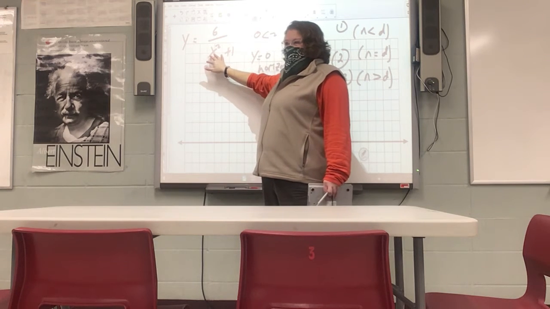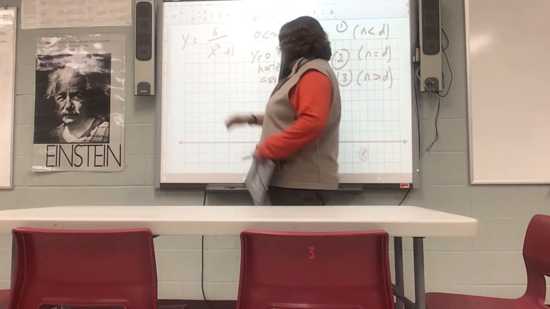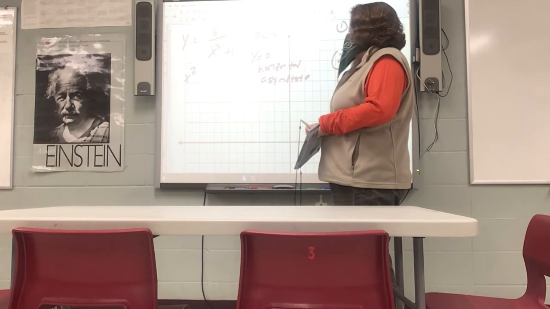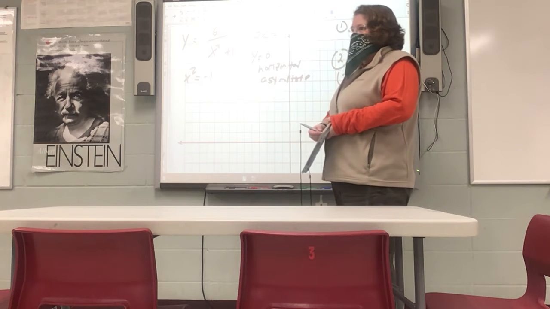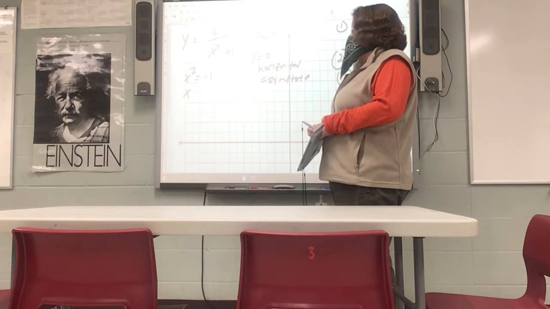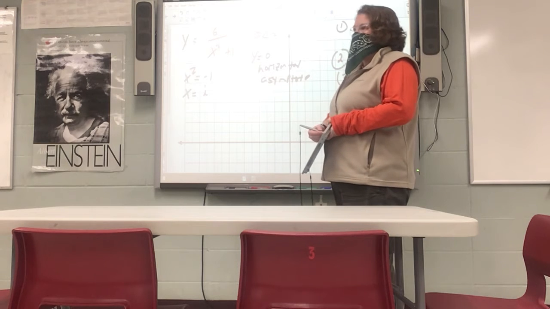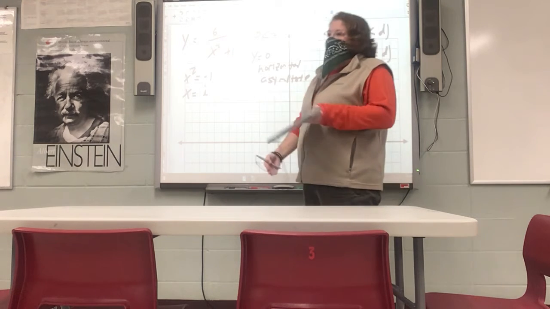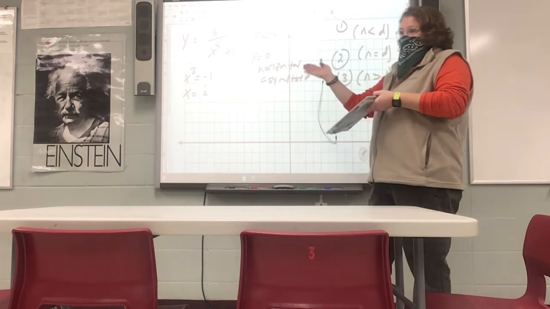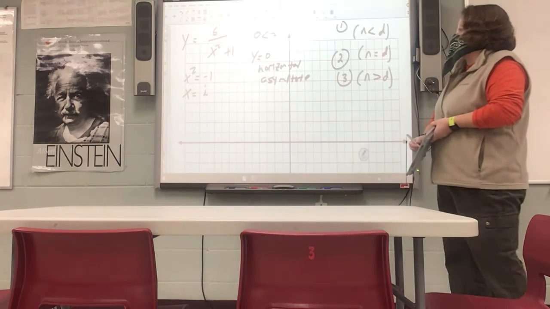Can you see that and follow that? Because this would mean x squared equals negative 1. If I'm trying to solve for x, I would subtract that 1, right? And then you do the square by square rooting, and the square root of -1 is i. So we don't have to worry about a vertical asymptote in this case, okay? But you have to check that and see, and we got an i, so we don't have to worry about that.